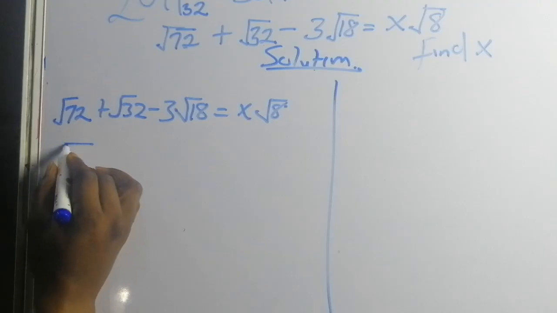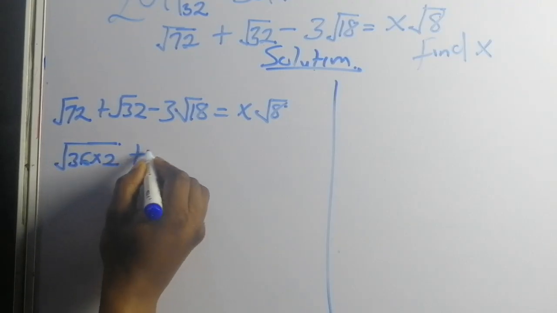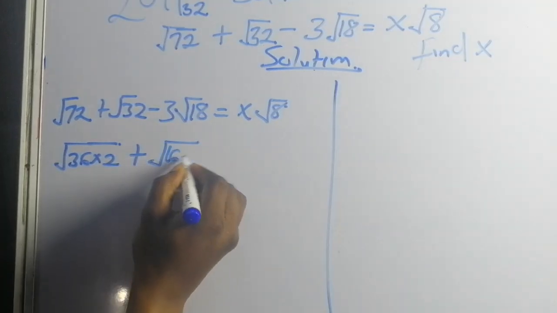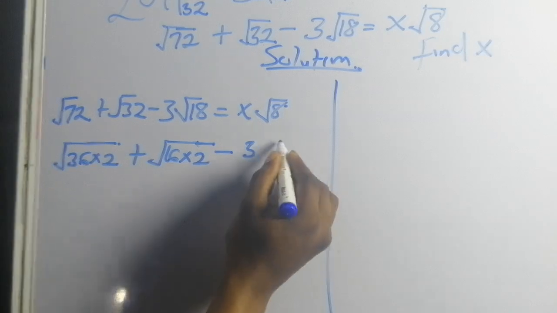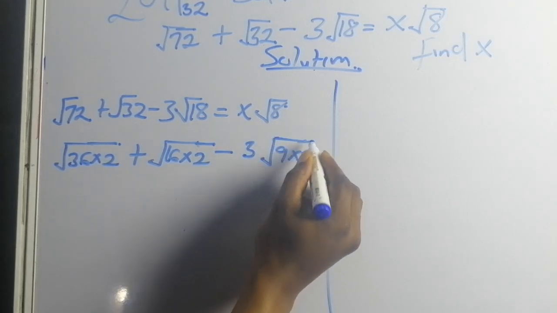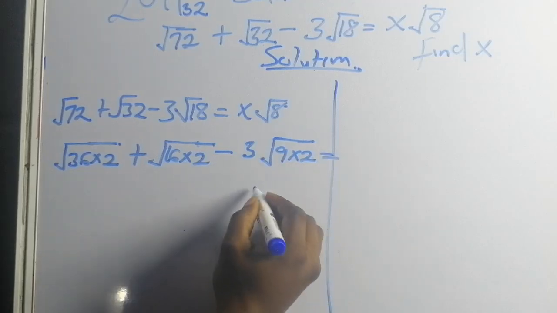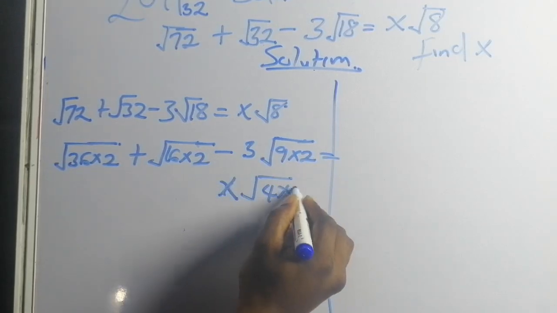This is the same thing as root of 36 times 2, root of 16 times 2, minus 3 root of 9 times 2, equals x root of 4 times 2.